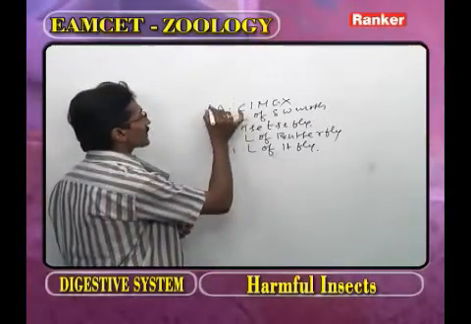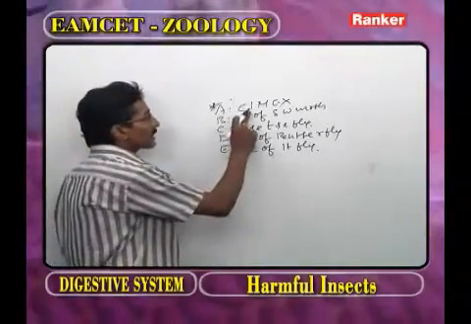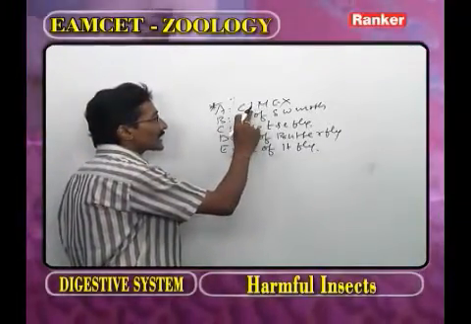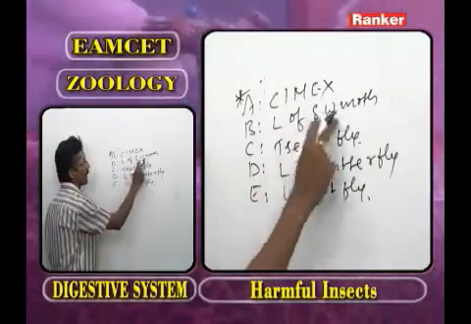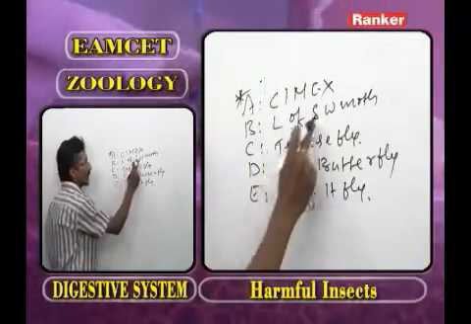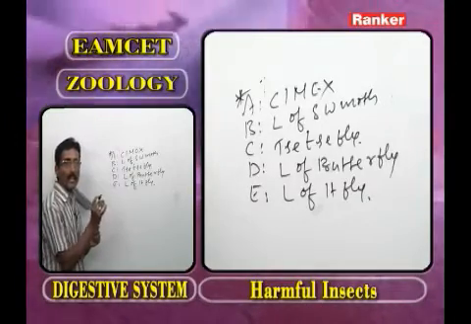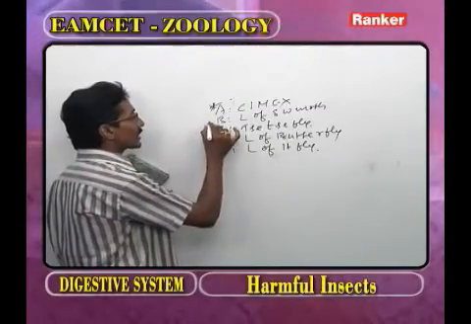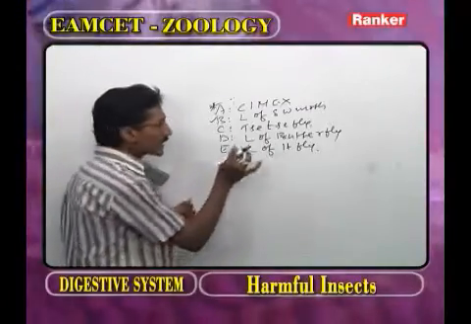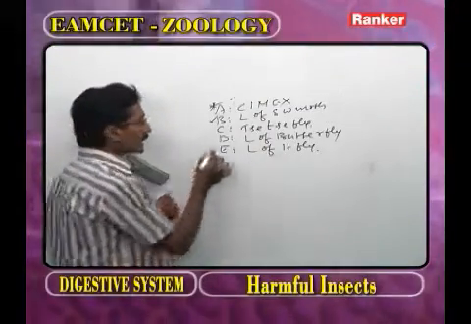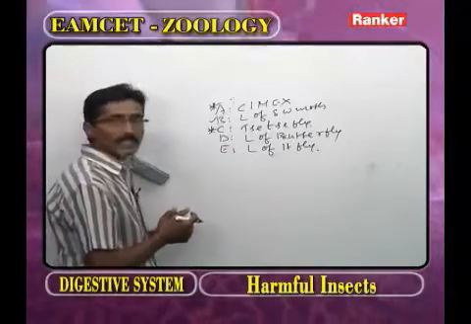Now, Cimex is an adult insect. In the adult stage, what is present? Piercing and sucking. Now, larva of silkworm moth is called a caterpillar. In the larval stage of silkworm moth, biting and chewing. Tsetse fly is adult stage. In the adult stage of tsetse fly, piercing and sucking.